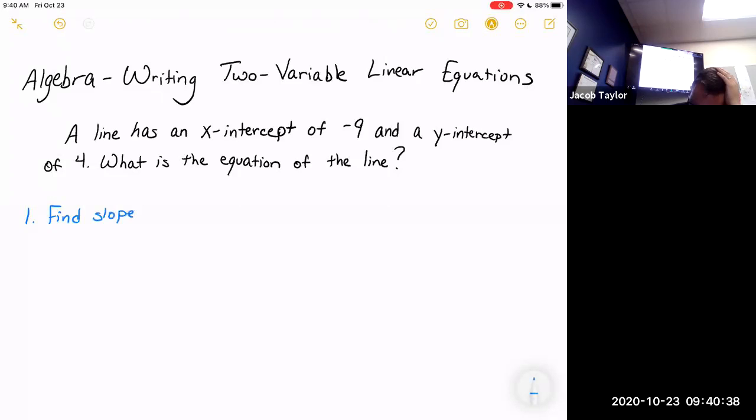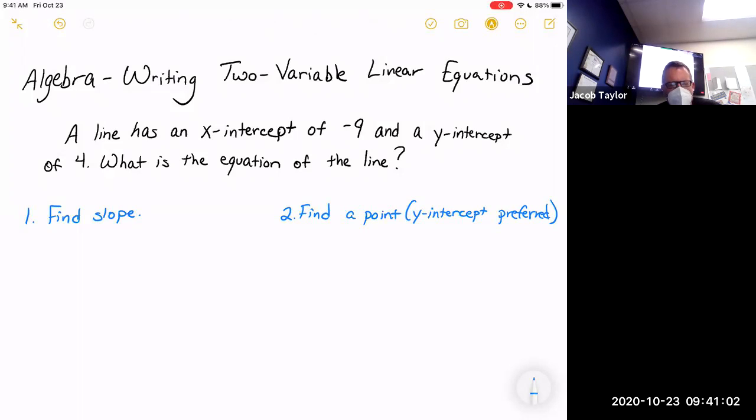Step two is I just need a point. If I want to write it in point-slope, I just need any point. But the y-intercept is preferred because then I can write it in slope-intercept form. If I'm not given the y-intercept, I can use point-slope, and that's fine. But I prefer the y-intercept just because that makes life a little easier for me.